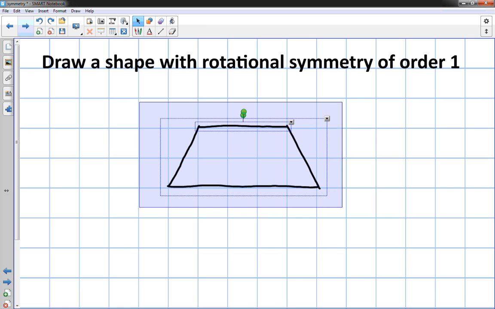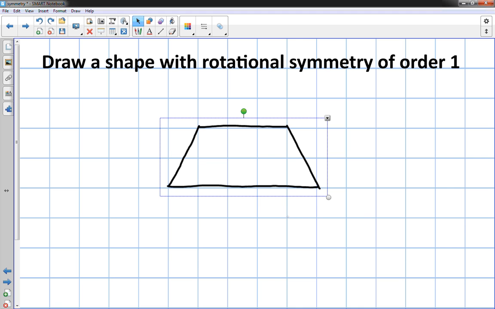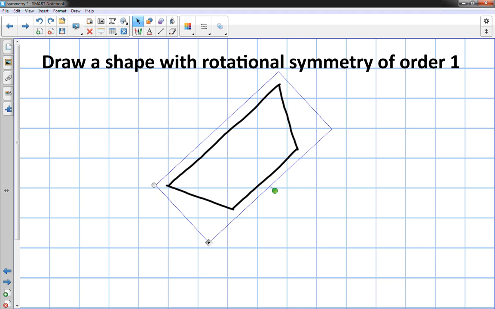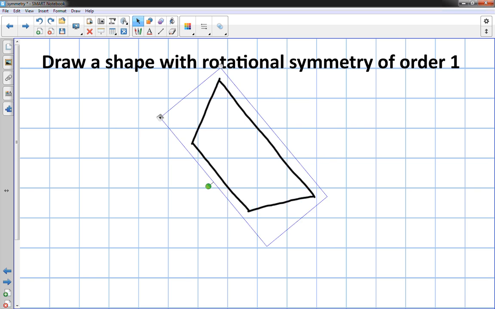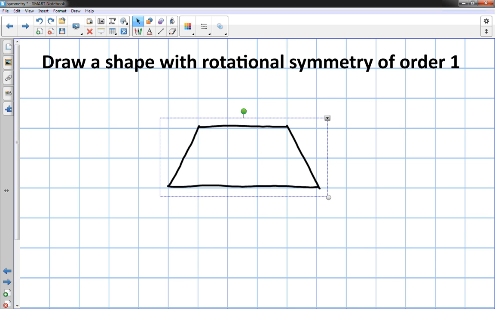Because if I rotate it, watch the green dot, it will never, ever be on top of itself until I get all the way back around. So that has an order of 1, so it would have no rotational symmetry because it never is on top of itself during the rotation.